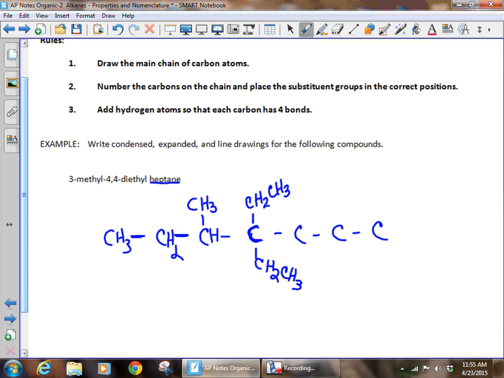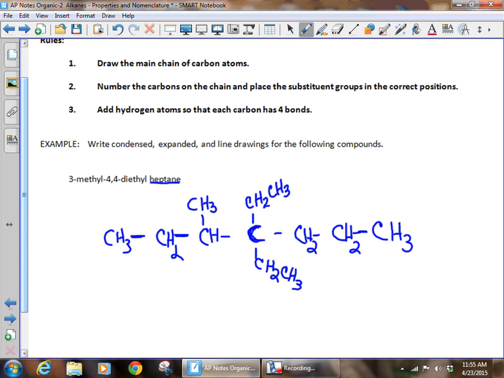The next carbon already has 4, so we're done on that one. This one needs 2 because it has 2 pairs of electrons attached already. So does this one. And finally, that last carbon has only 1 pair of electrons attached to it, so it needs 3. So there is the condensed structure.